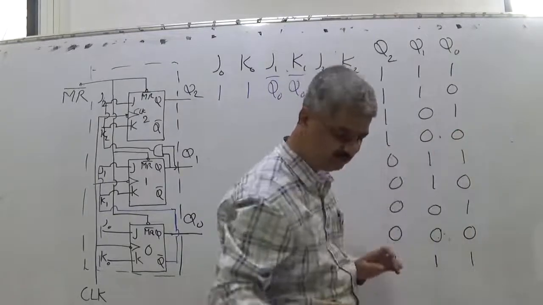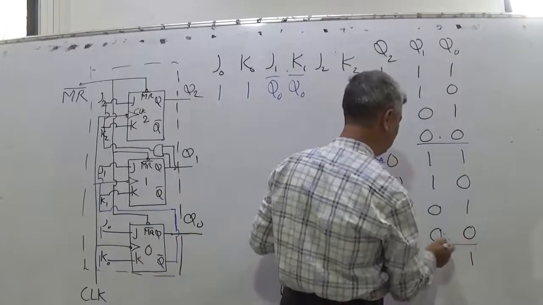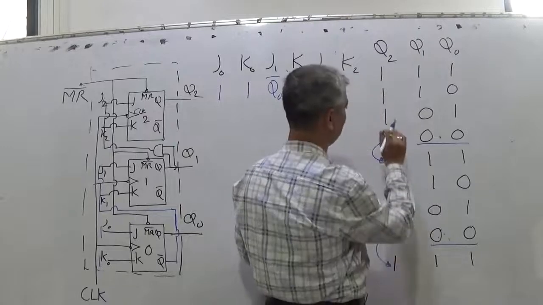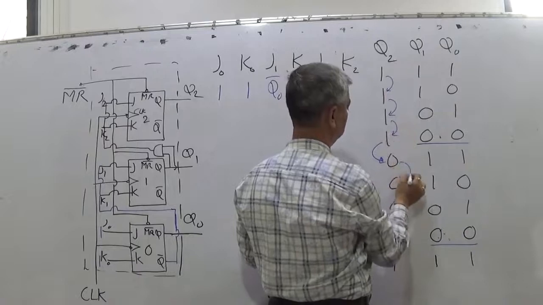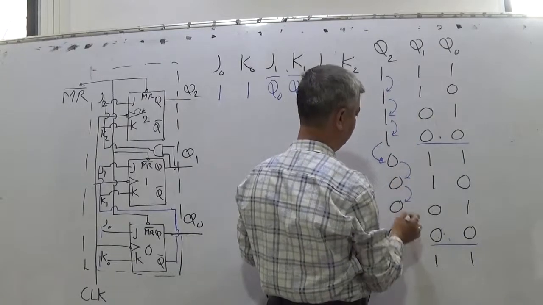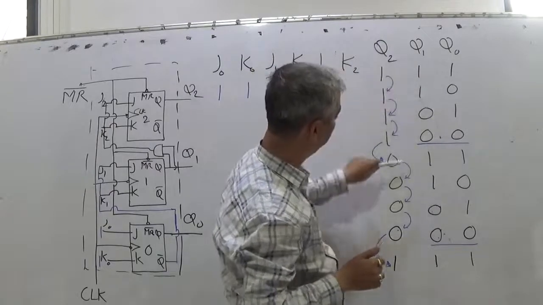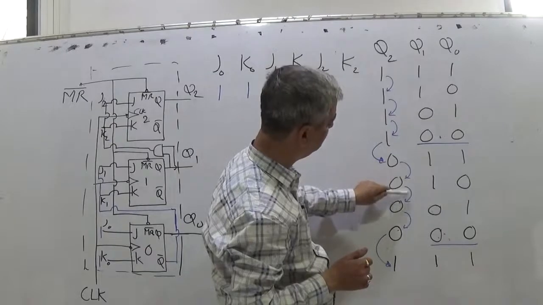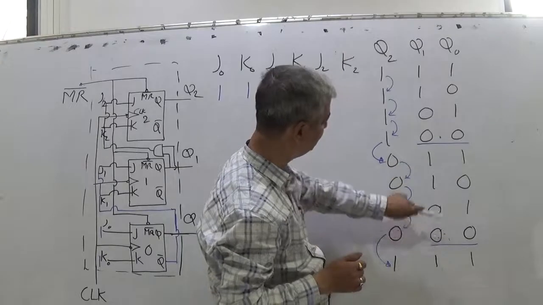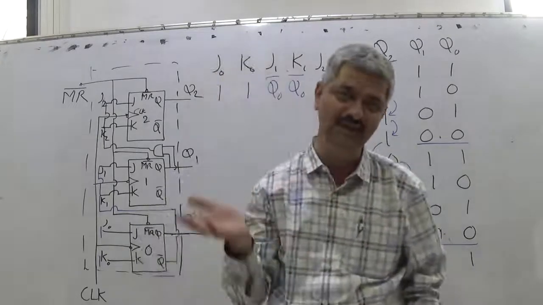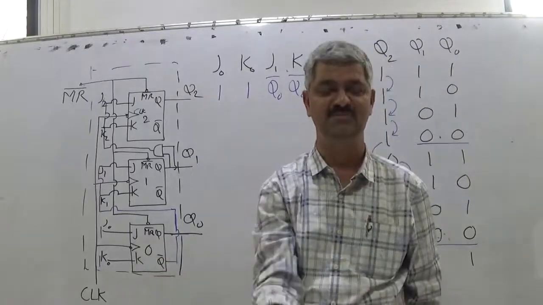In all other cases it continues. So other than 0, 0 it continues, and at 0, 0 it toggles. So when Q1 is 0 and Q0 is 0, toggling takes place.